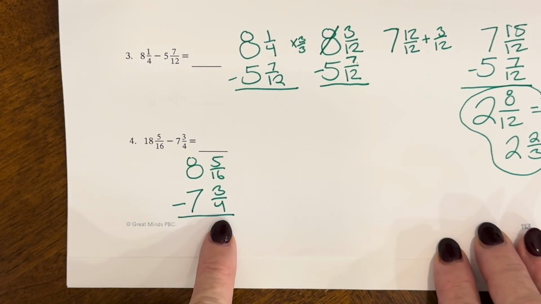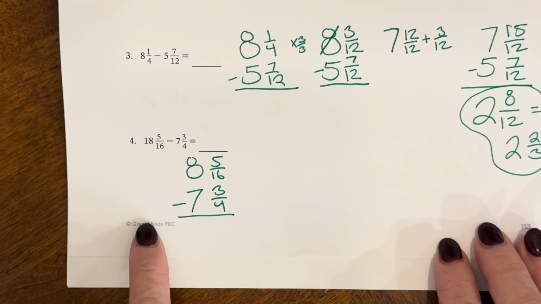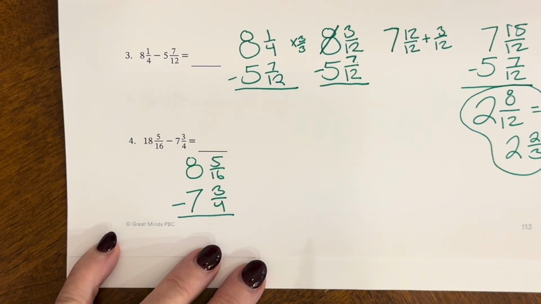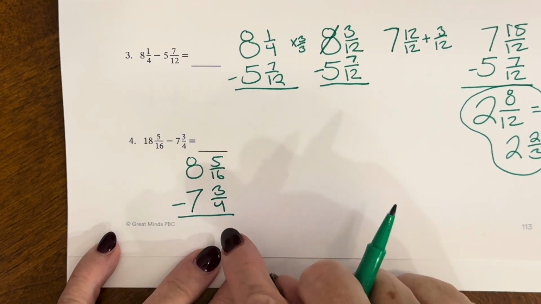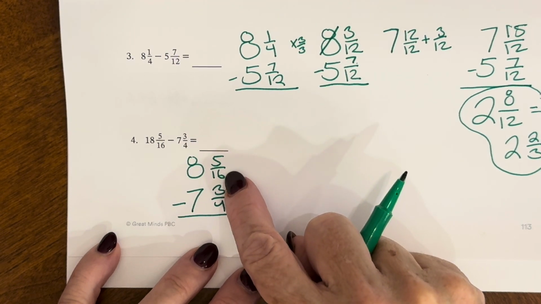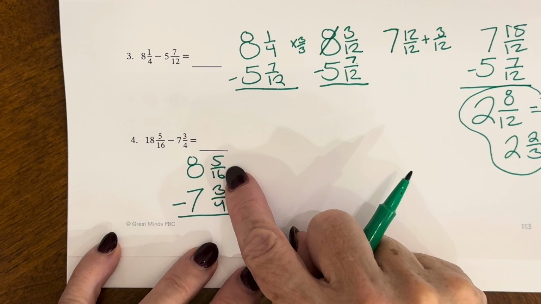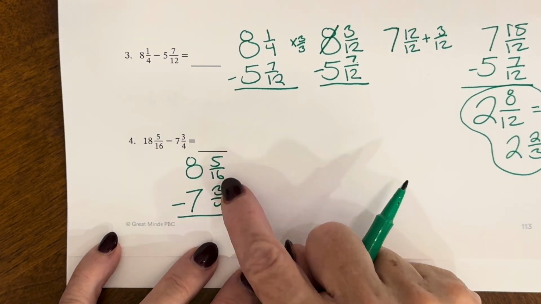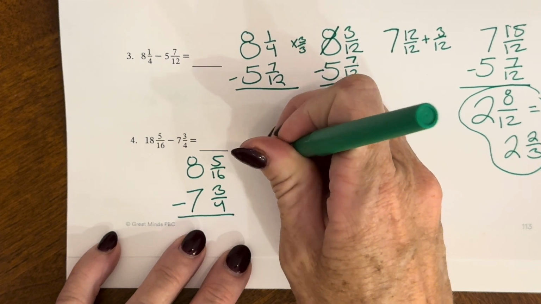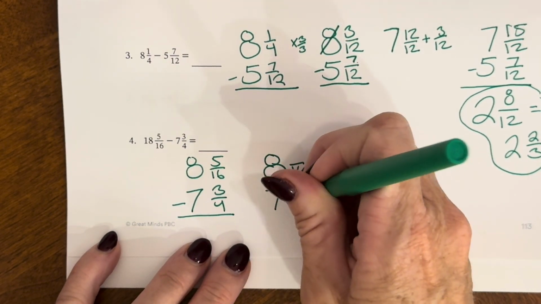So make sure you lined up your fractions, your whole numbers, and you have your subtraction sign and your problem line. Okay, so we need common denominators. The easiest way is when our small denominator fits perfectly into our larger denominator. And it does, because 4 times 4 is 16. So we're going to use 16 as our new denominator, as our least common denominator.